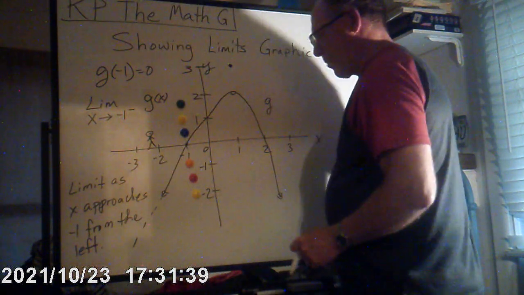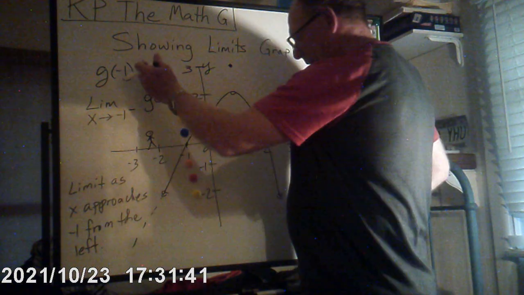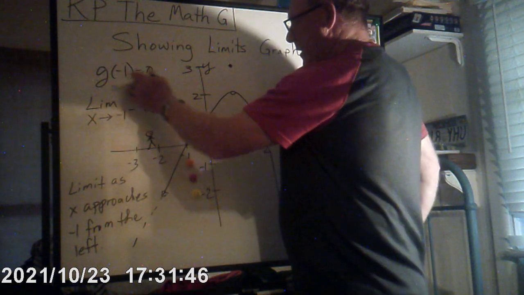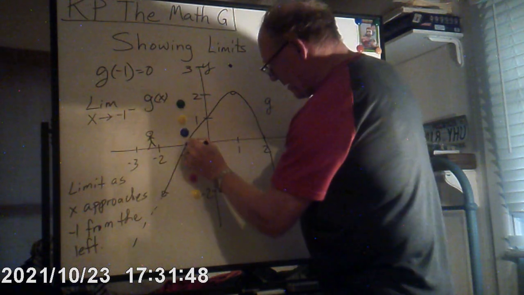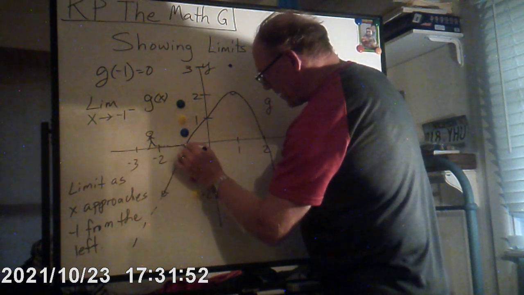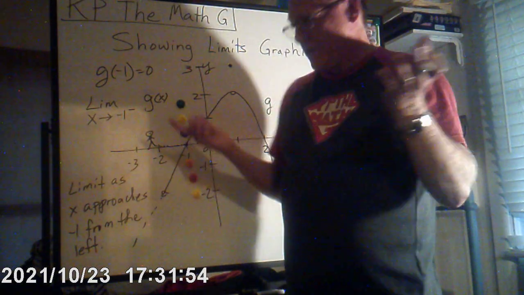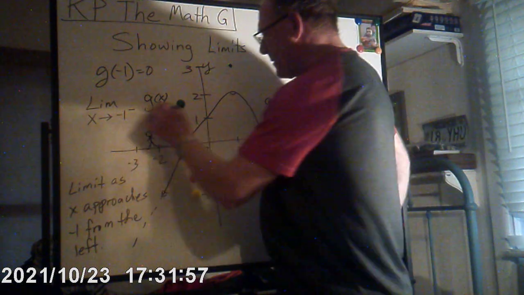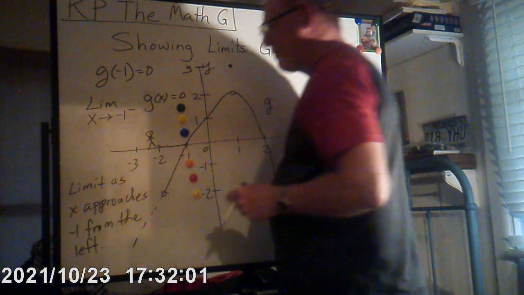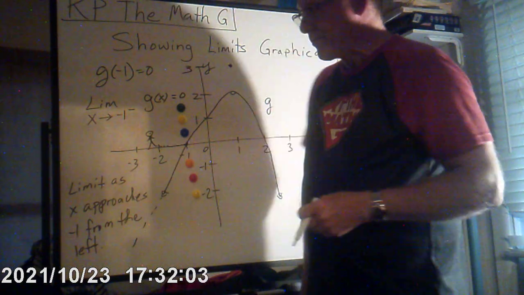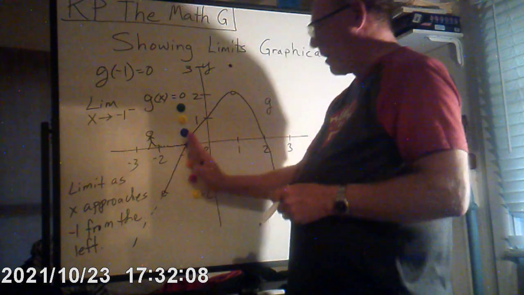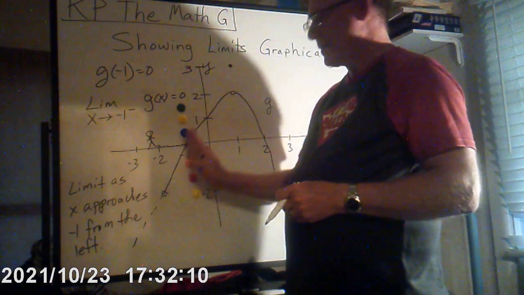Well, obviously we know that g at negative 1 is 0. If we were to get to negative 1, we would run into 0. So the limit of this is equal to 0 from the left. This is called the limit from the left.